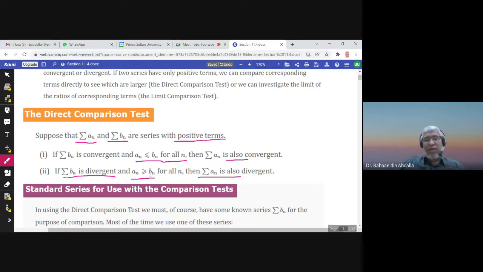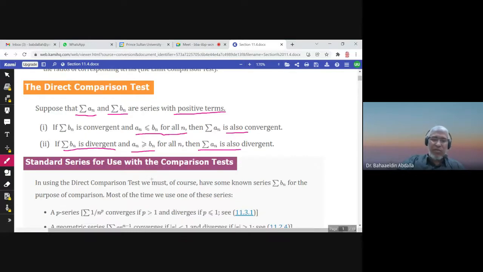The greater than divergent would be also divergent. Divergent means go to infinity. The infinite sum will go to infinity. If the infinite sum of bn goes to infinity, then anything greater than that will also go to infinity. So less than convergent is convergent, greater than divergent is divergent.